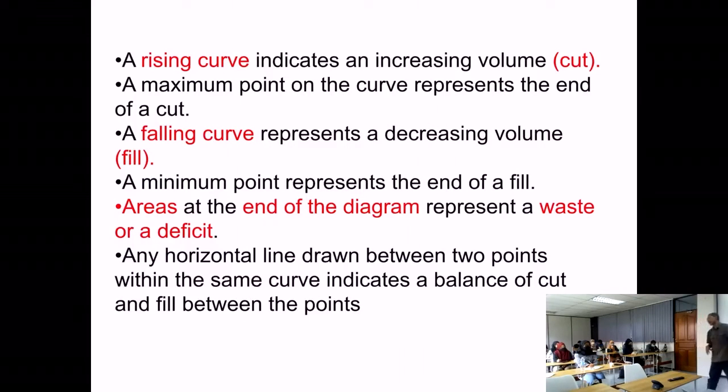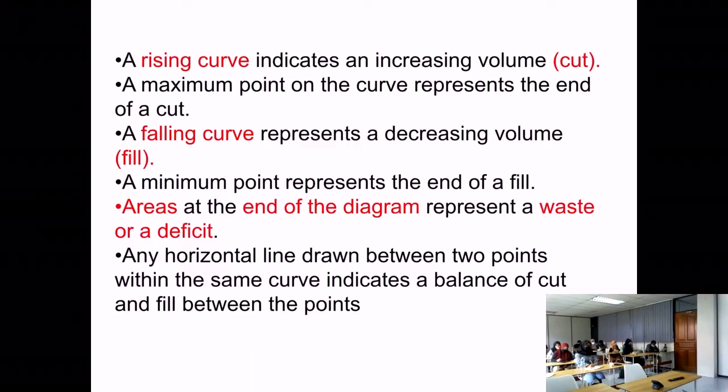Another rule of thumb or indicator of what this mass flow diagram tells you. A rising curve indicates increasing volume. When the mass flow diagram curve goes up, it means your soil storage is increasing. You cut soil, so you have a lot of soil reserve, soil that you generate.